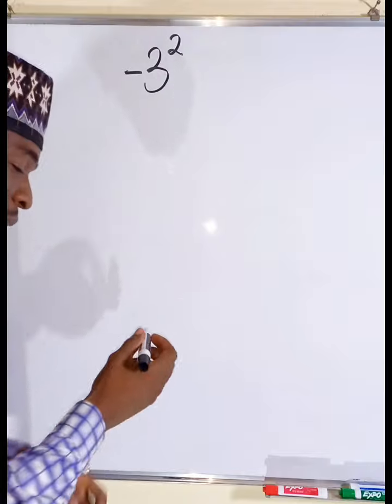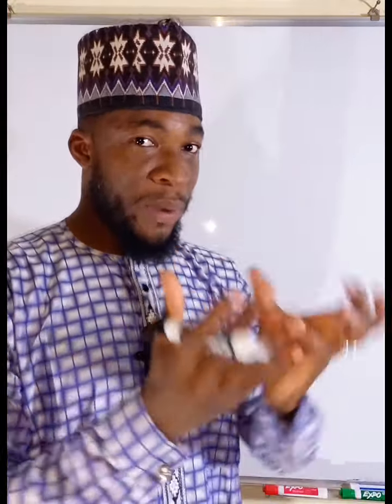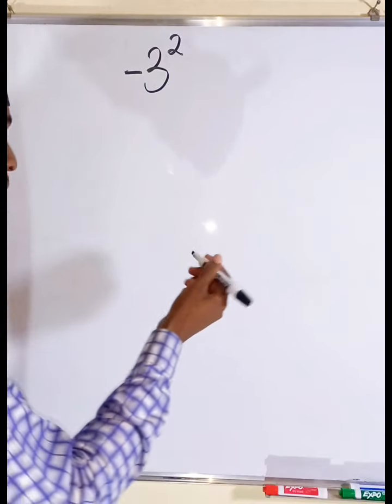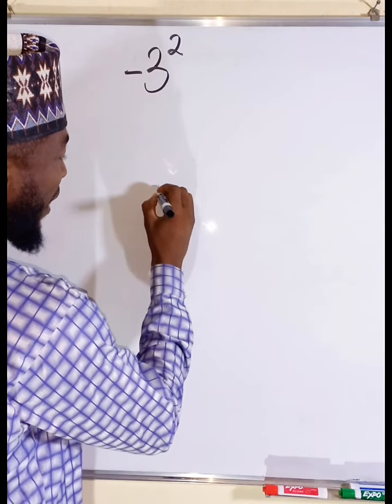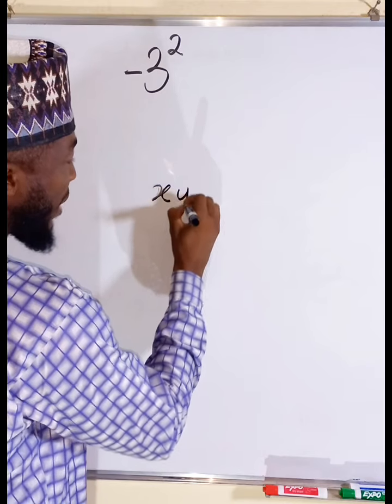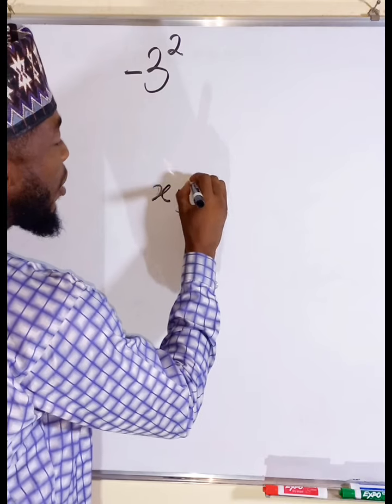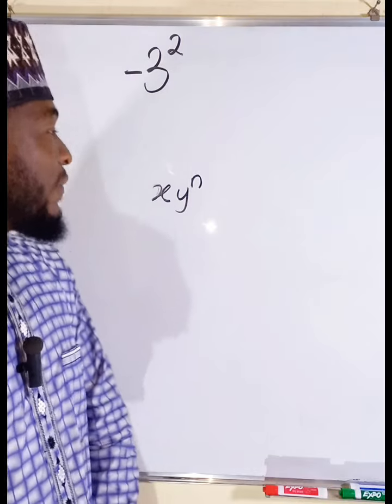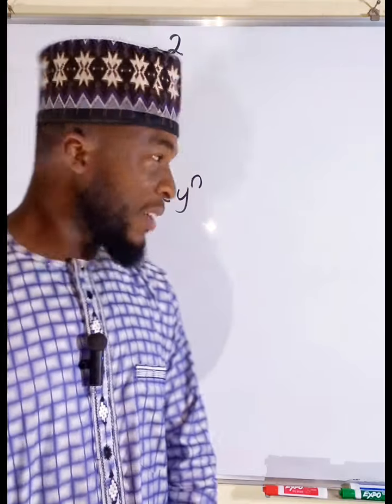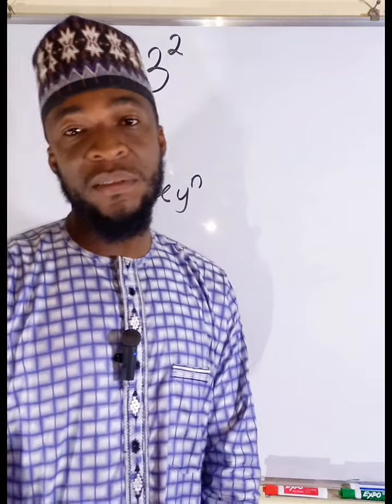Remember, in one of the laws of indices, under the distributive property of exponents, if I have x multiplied by y raised to the power of n, you should know that this power of n is only affecting y, not x.